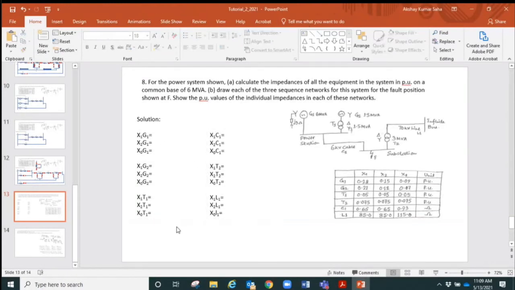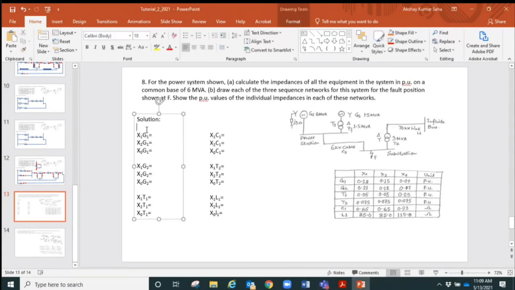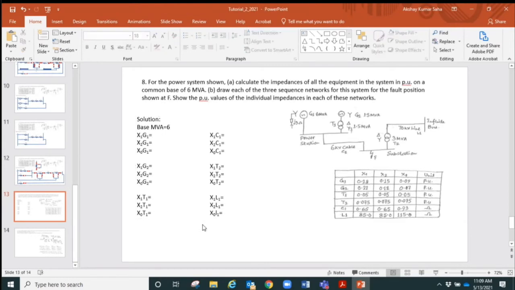Start with generator 1. Remember that the common base is given. Base MVA is equal to 6. That's given.